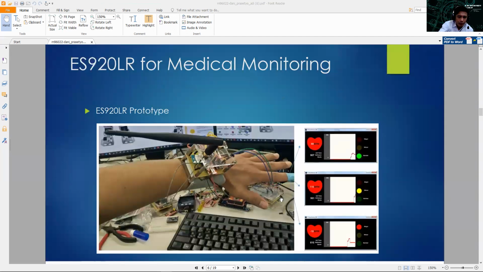And this is our prototype, and this uses a pulse sensor. The function is to detect the heartbeat and send the data, or make a data transmission from the end device to the receiver, and the analyzing process is how to know the packet receive ratio and the RSSI at different distances.